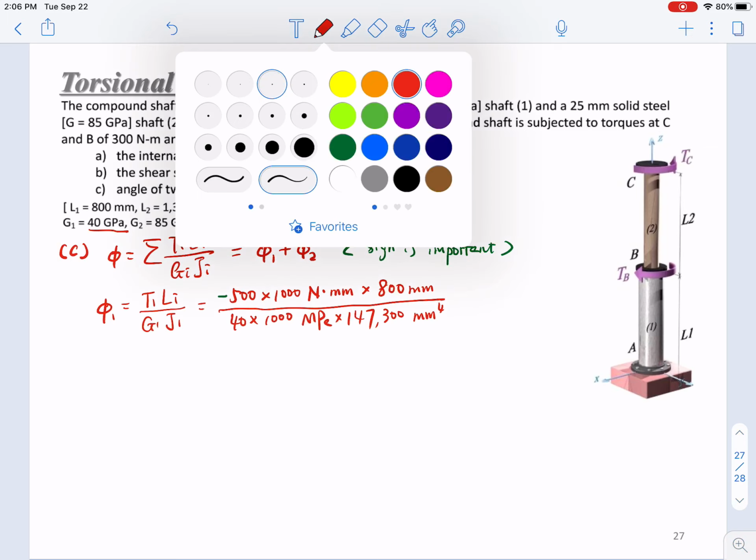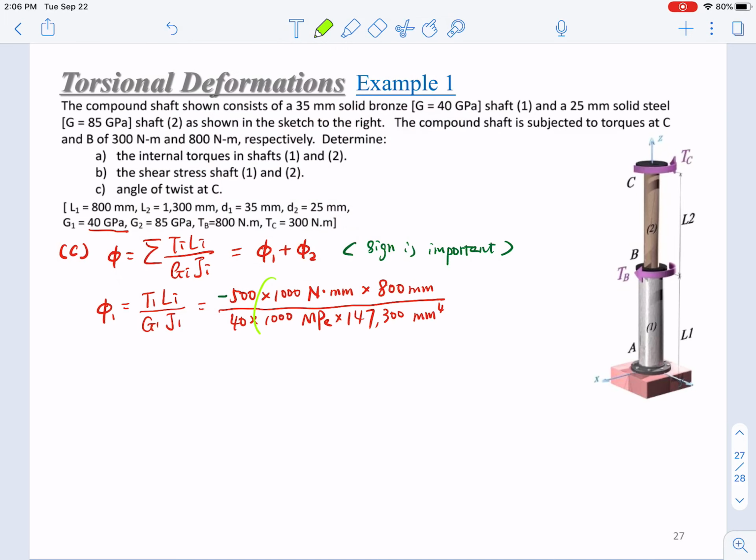Make sure that you understand why we need these two 1,000. They are used to convert Newton meter to Newton millimeter and GPa to MPa, so that we have consistent units in the whole calculation.